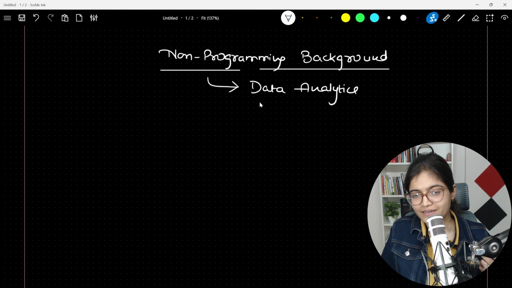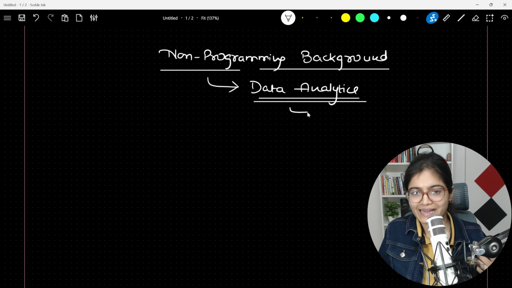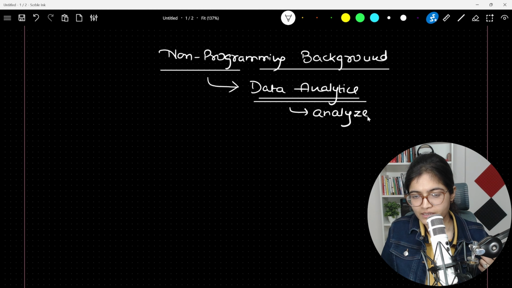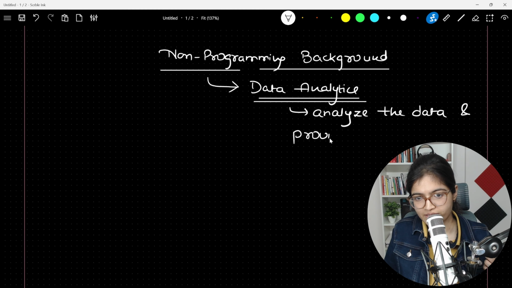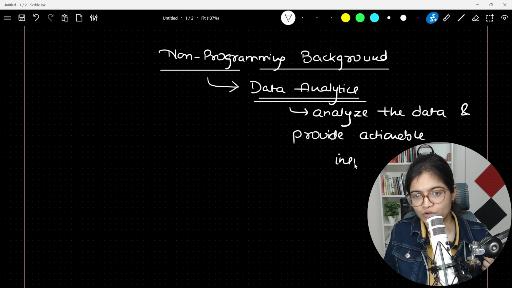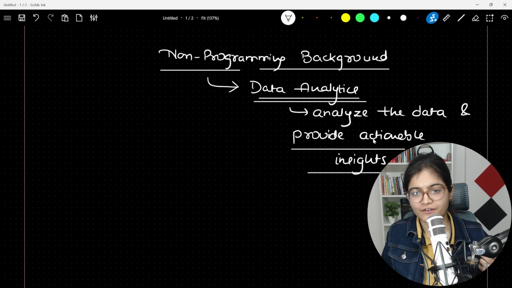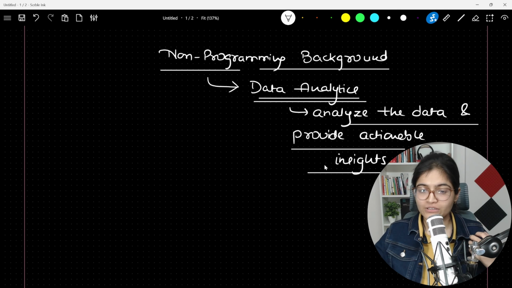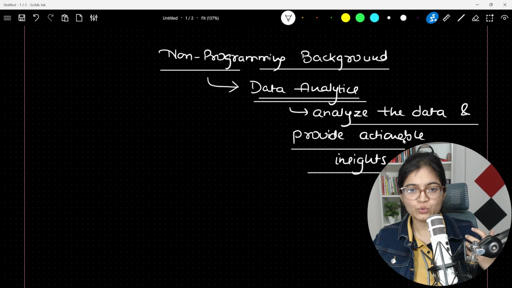Here the main key skill is to analyze the data, interpret the data in an appropriate manner and provide actionable insights, so that it will be really helpful for the entire company and will be able to generate revenue out of it. That is the main purpose of the people in the data analytics position.